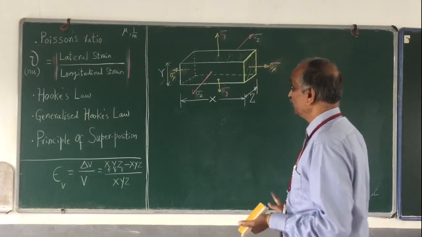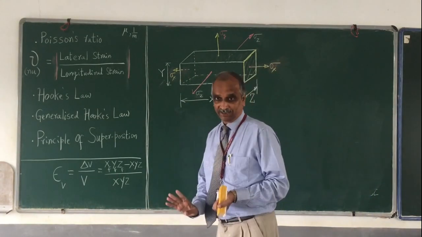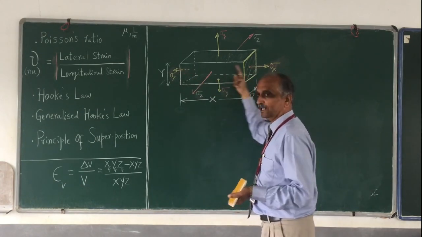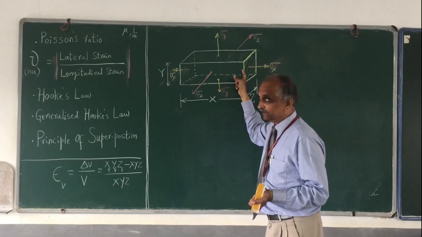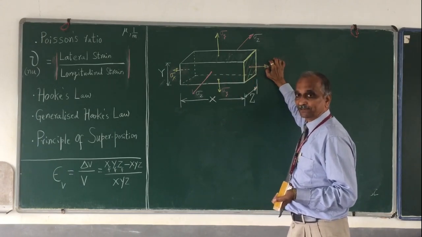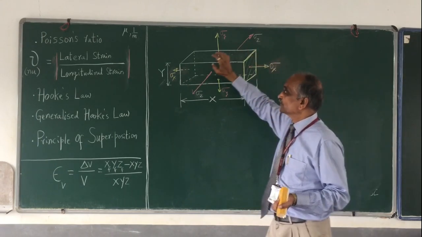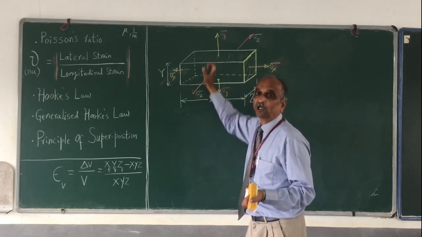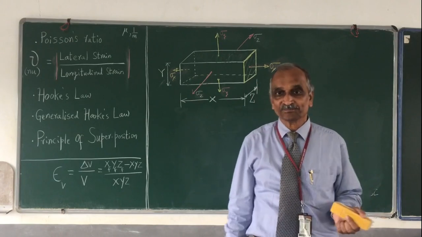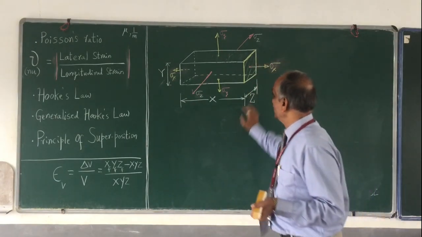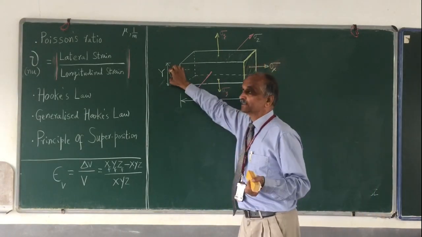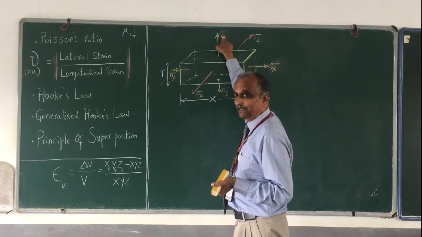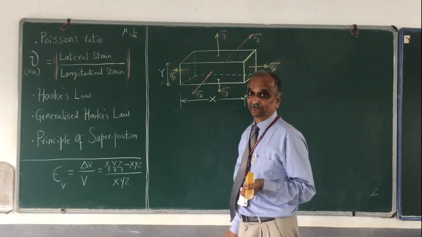Now please remember, it is quite complicated. I have strain along the x-axis not only because of sigma x, but also because of sigma y and sigma z. The strain due to sigma x along the x-axis is longitudinal. The strain due to sigma y along the x-axis is lateral.